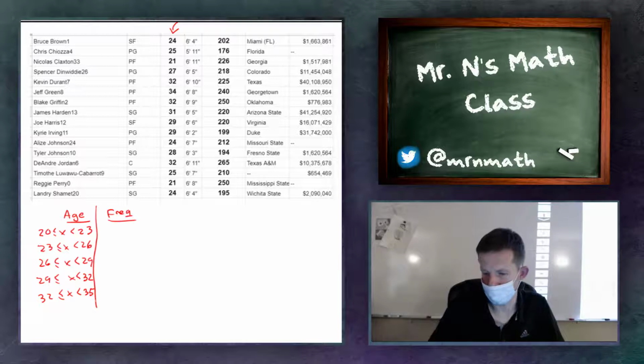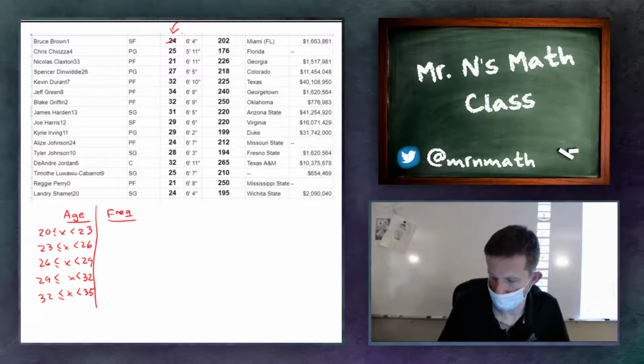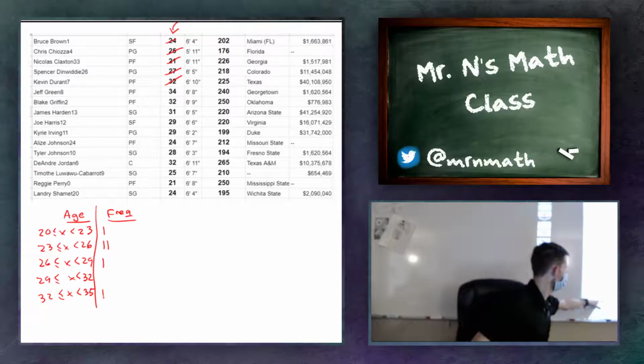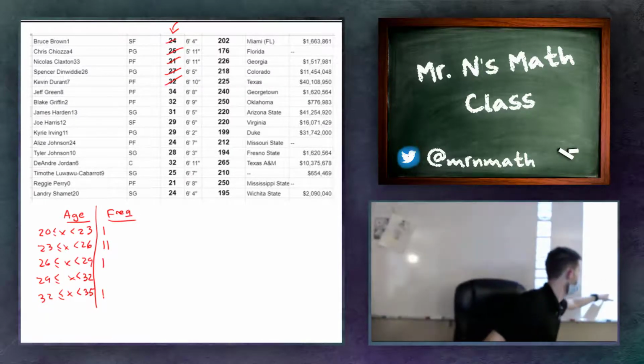Let's tally it up. So 24 goes in here, 25 goes in here, 21 goes in here, 27 goes in here, 32 goes in the last one, because it's greater than or equal to 32, and here's less than 32. Does that make sense? So 32 goes here, but not here.